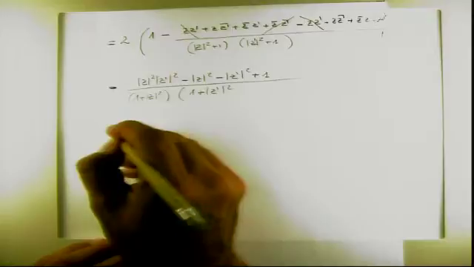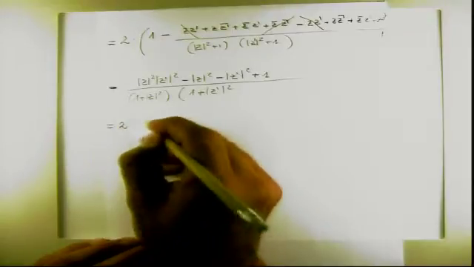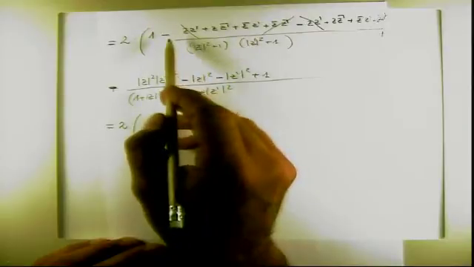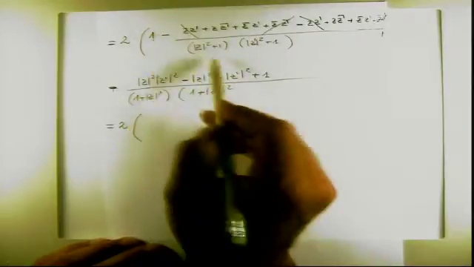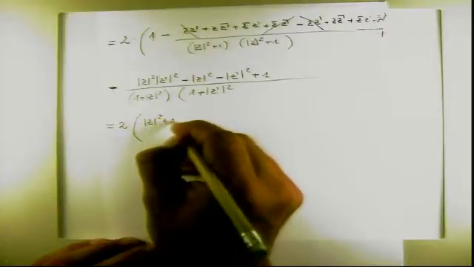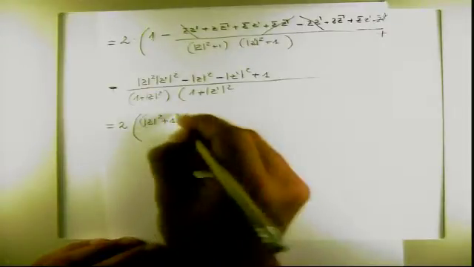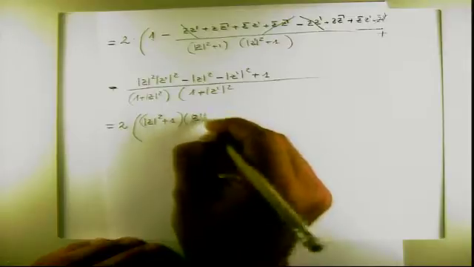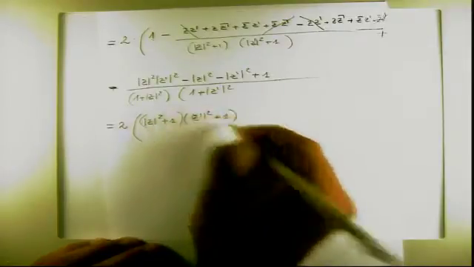Okay, so finally I have 2, and I put on the same, so this is a 1, okay? So I multiply everything times this. I have the same denominator.